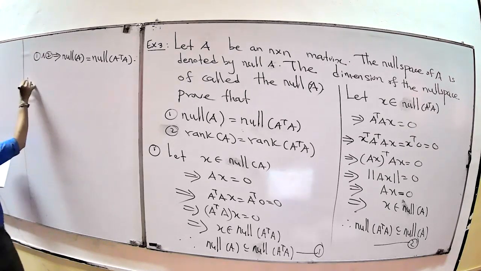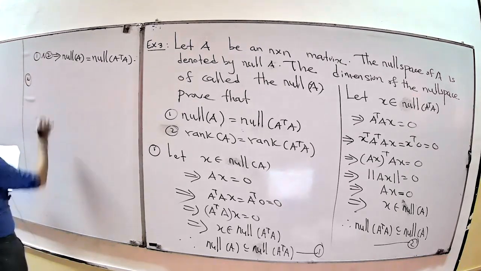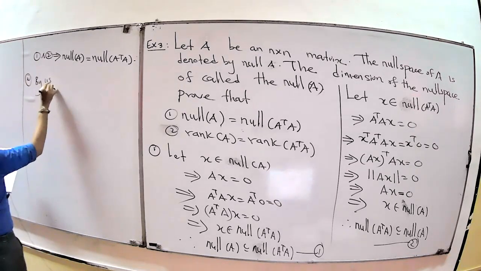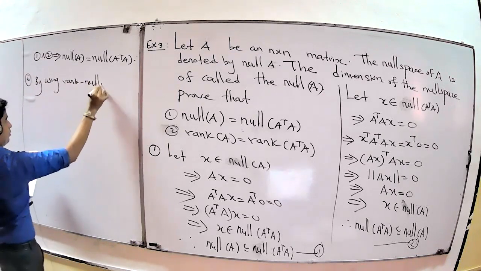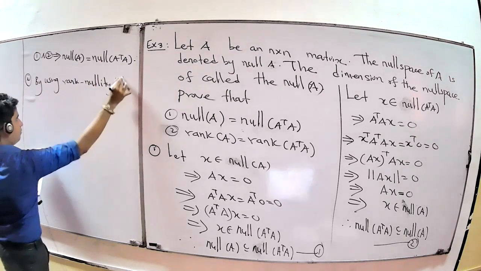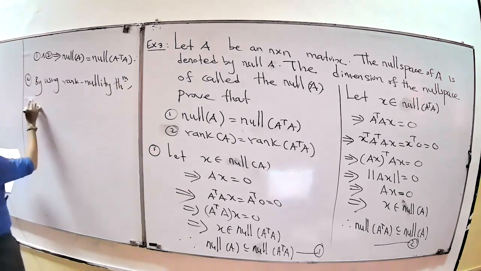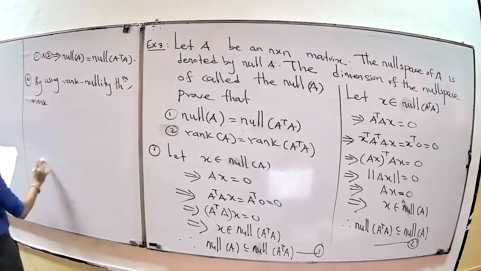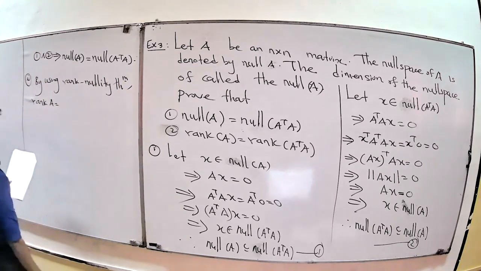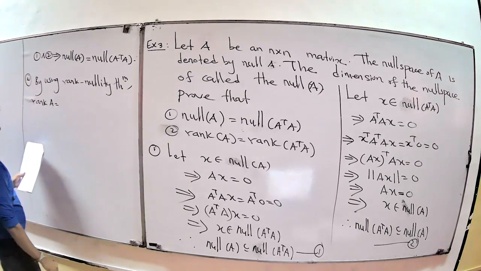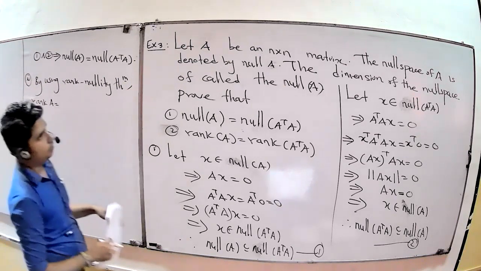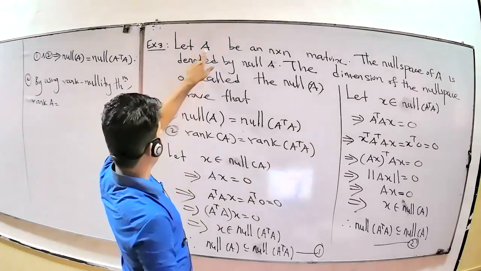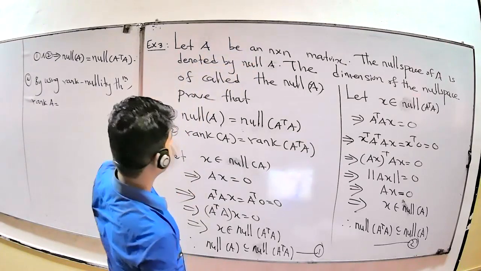Second part, by using the rank nullity theorem, rank of A equals, here A is an n cross n matrix.